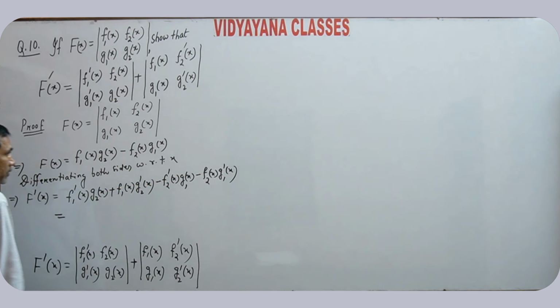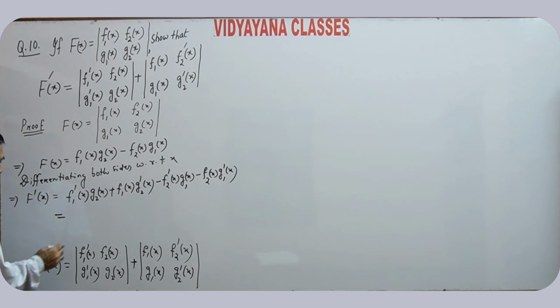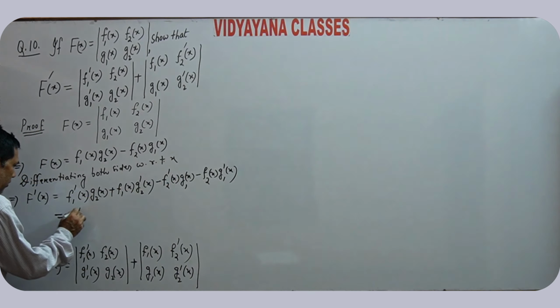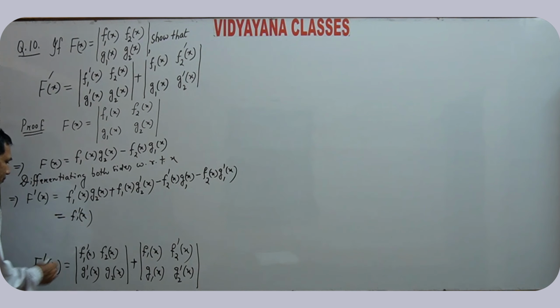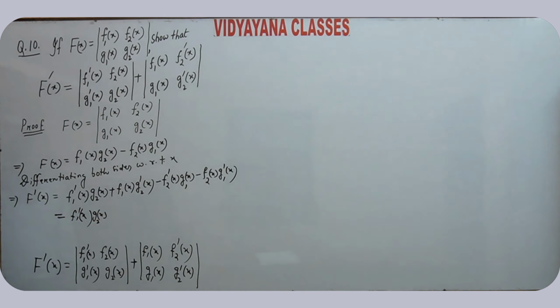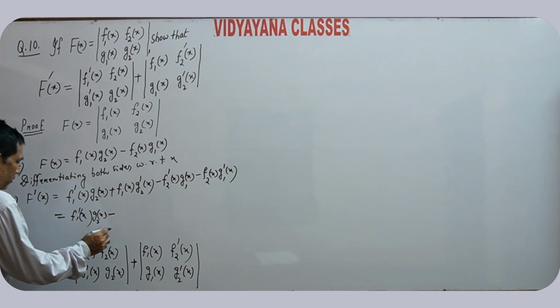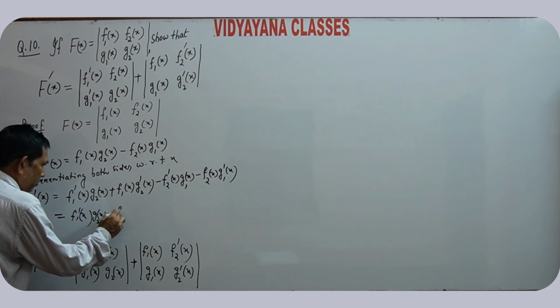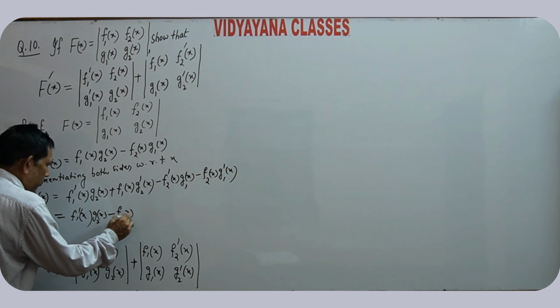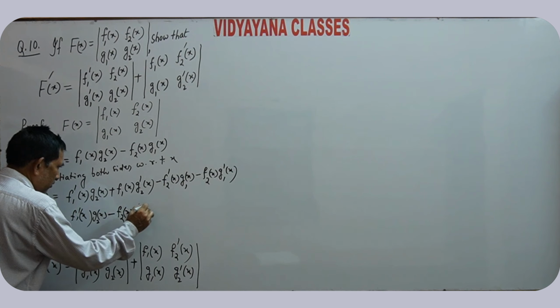This can be shown by rearrangement. It represents f1 dash x g2 x minus f2 x g1 dash x.